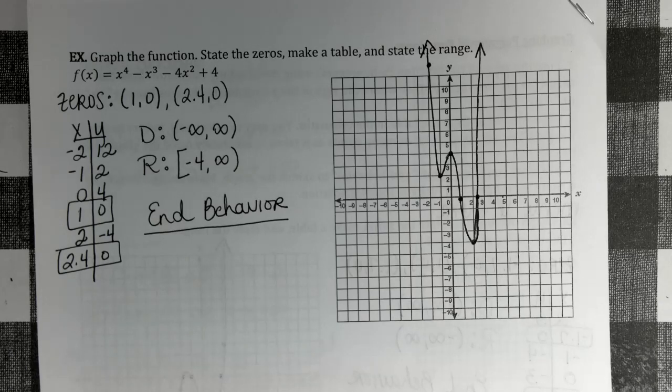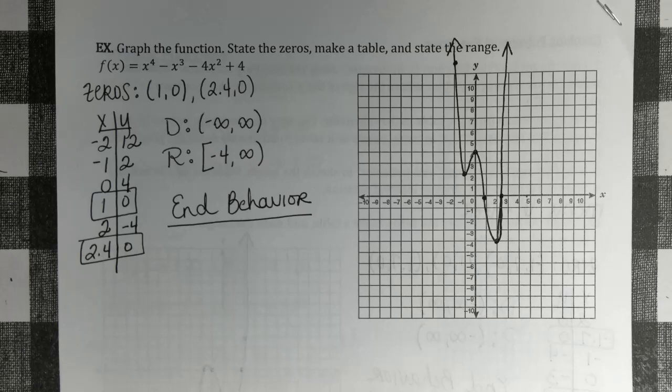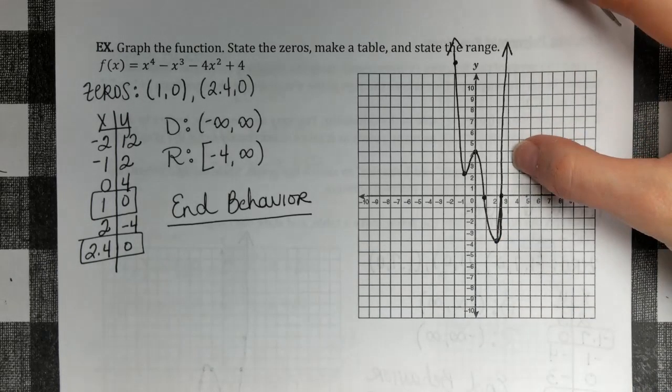Okay, so that's going to lead me to my next question. Could you have an even degree polynomial with no x-intercepts on your graph? Why? Yeah, this whole thing could be shifted upward.